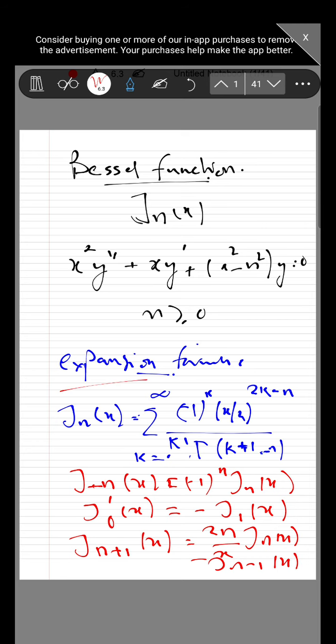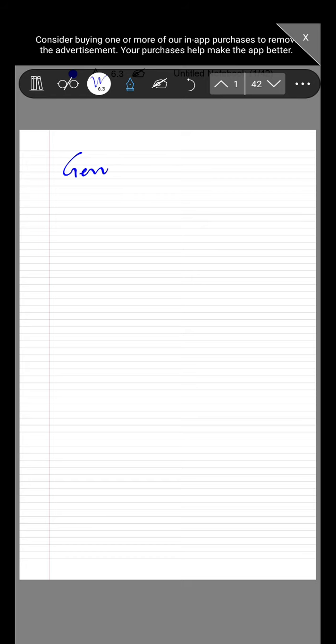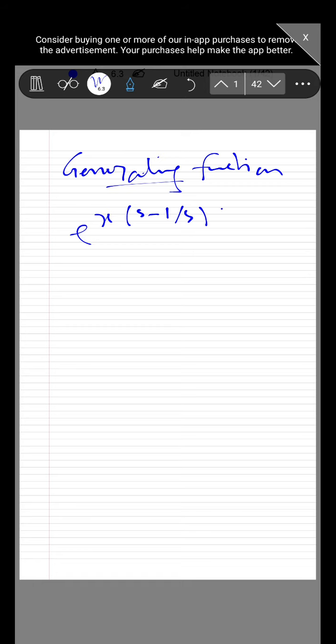So this is actually not the generating function, this is the expression of Bessel. Now the generating function of Bessel is e to the power (x by 2)(t minus 1 by t) is equal to summation n is equal to minus infinity to infinity J_n(x) t to the power n.